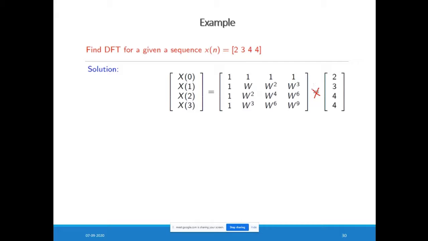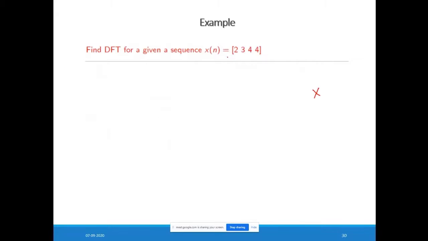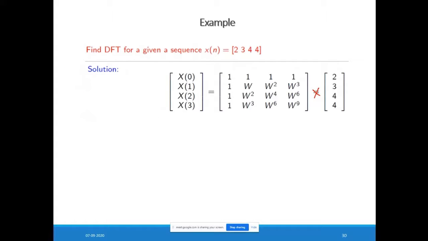These both are multiplied to obtain the DFT as per our equation, X of k is equal to omega n into x of n. By mistake I wrote an equal sign, but you have to consider this a multiplication. So this is the 4-point DFT sequence, this is the Twiddle factor, and this is the given sequence.